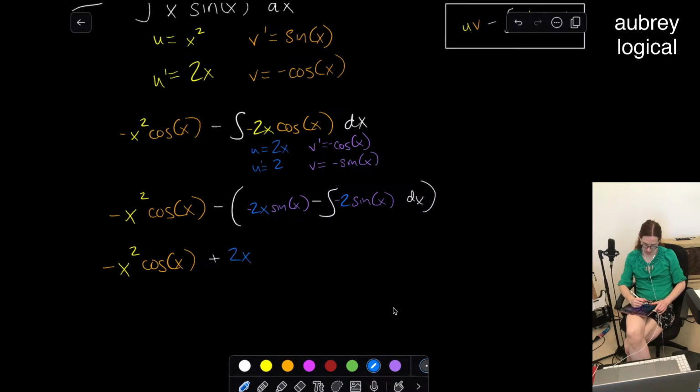2x times sine of x. Let's see, the derivative is negative 2 sine of x, so the negative 2 comes outside. Well, at least the 2 comes outside.